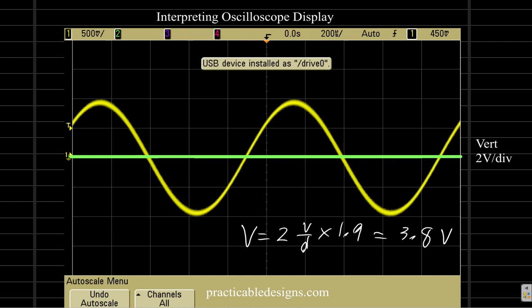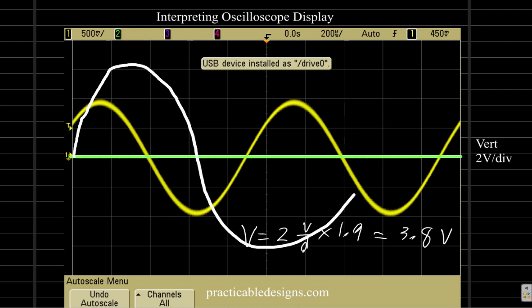Now the thing is, remember, if the wave was something like this, then you would be looking at going 1 division, 2 divisions, 3, just above 3 divisions, 3 point something divisions. So you'd have to multiply 2 volts by 3. It will be 6 volts, a little over 6 volts, depending on your estimate.